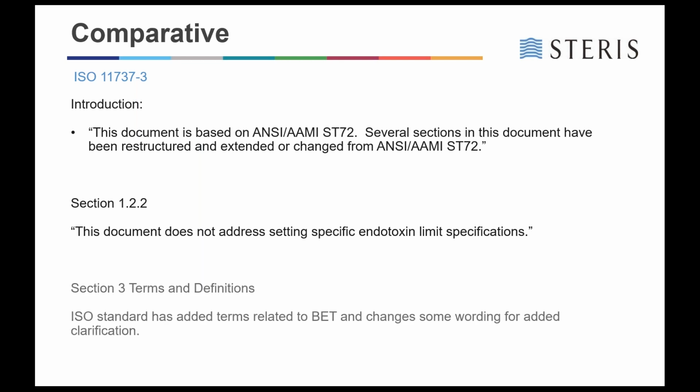But moving right along, the next section where we have some changes is within the terms and definitions. The ISO has added some terms related to BET testing that we're familiar with in the process, and there are some changes in wording that have been added for some additional clarification.